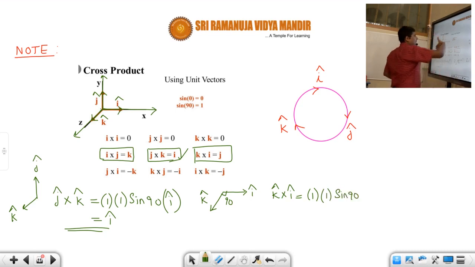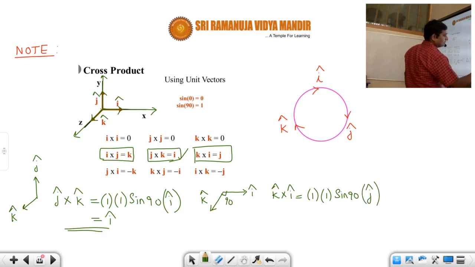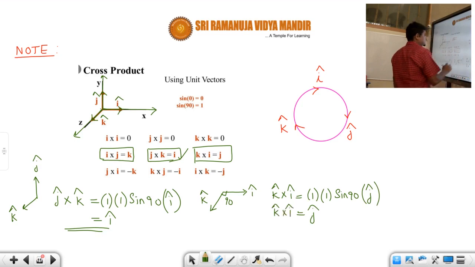Now for k cross i, first place the four fingers of your right hand in the direction of k, towards the z-axis, and curl your fingers towards the positive x-axis. Then your thumb will be upwards, which is the y-axis. And what is the unit vector along the y-axis? j cap. So therefore k cap cross i cap is equal to j cap.